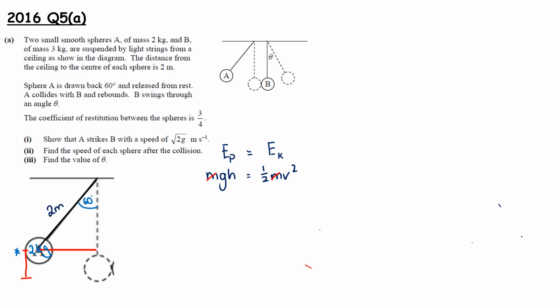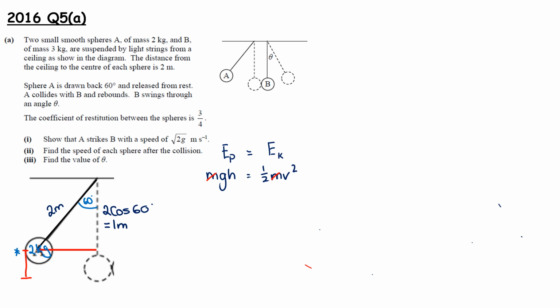We can work out this side here because we know that the angle is 60 degrees, and this is 2 cos 60 degrees, and that will allow us to understand a number that can help us calculate the height above the ground. So that gives us an answer of 1 meter.